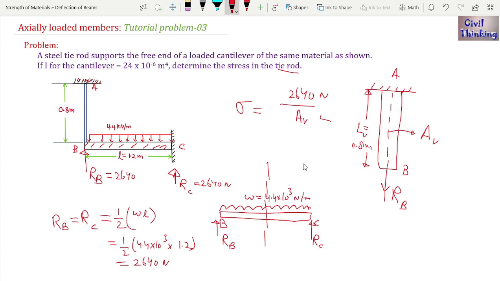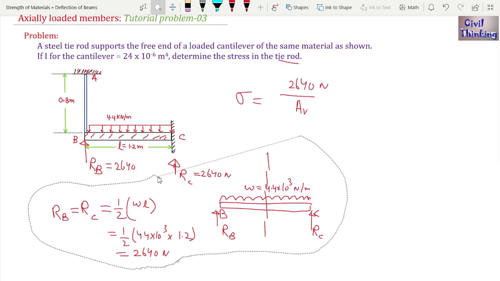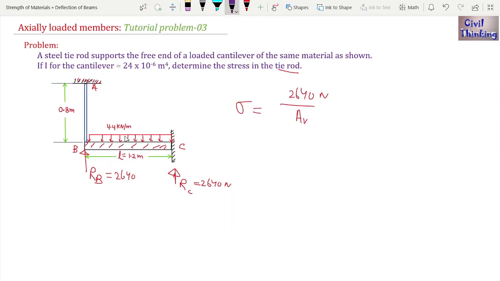Now to find the stress we need AV, the cross-sectional area of this tie. So how are we going to find the cross-sectional area? Let me erase this first, and after that I will show you. You see, when there is a load applied on this cantilever, it is like this. This is C and this is B. Now when you apply the load here, there is a load W acting, W per unit length, per meter.